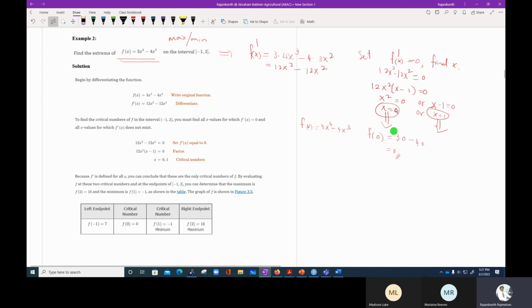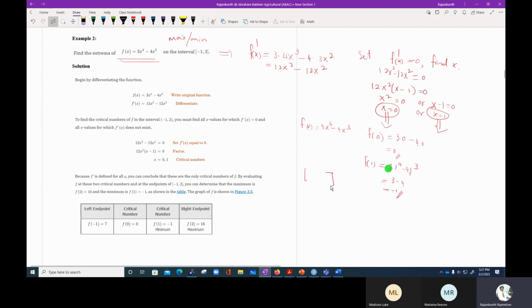That is the function value at 0. Now find the function value at the second critical point, 1. Again use the function, plugging 1 in for x. If you simplify, this is 3 minus 4, that is negative 1. So basically I found the function values at those critical values.